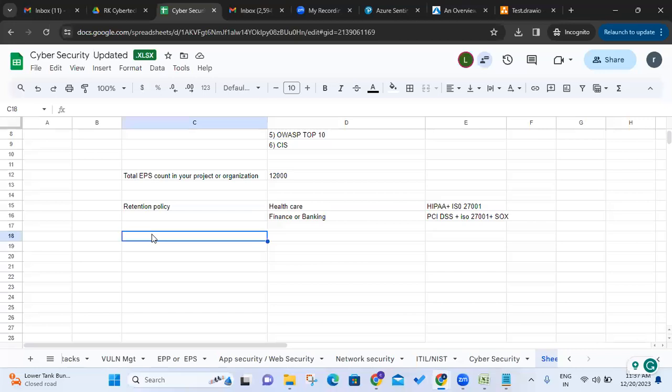So next one is your overall SOC team members. How many members will you say? Latifa, can you give the answer? In your team, how many members are working? I think 4 members. For a 12,000 DPS count, only 4 members are sufficient?